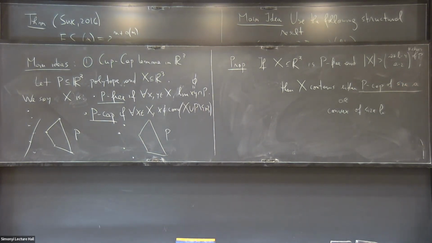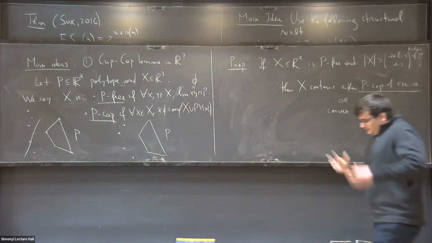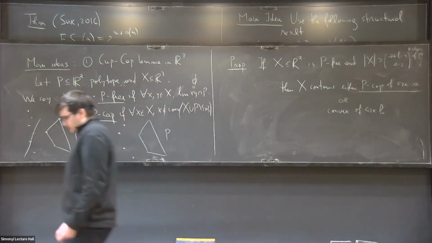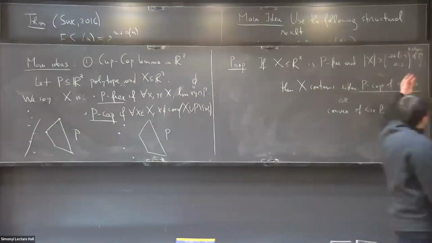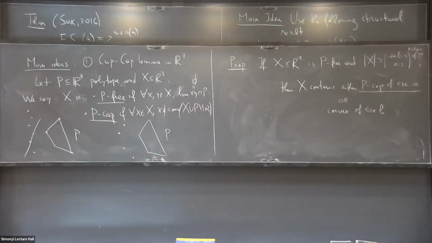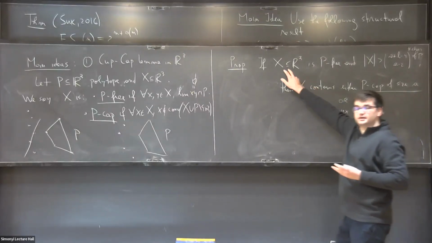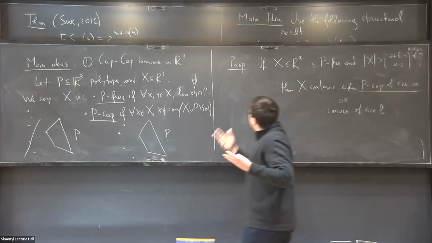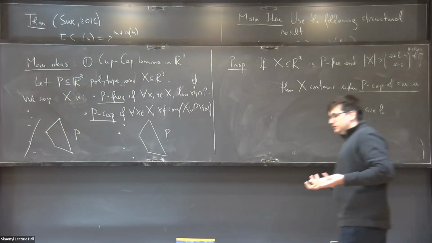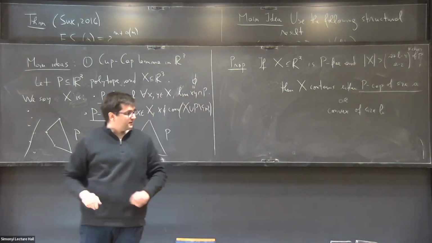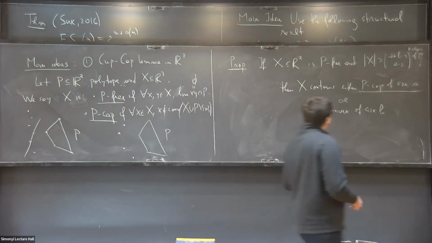So we must consider several, one for each edge, a poset structure, one for each edge of the polytope on any kind of set X in R3. Using P-freeness, one can find a large subset to all those posets. Kind of use the cap lemma, roughly speaking.